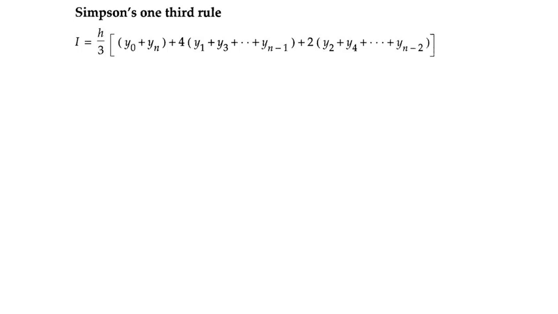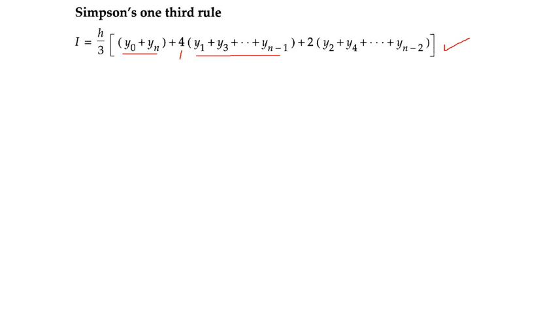So this is the formula for this technique, that is h divided by 3, into y naught plus yn, plus 4 into y1 plus y3 and so on. So take all odd numbers here.